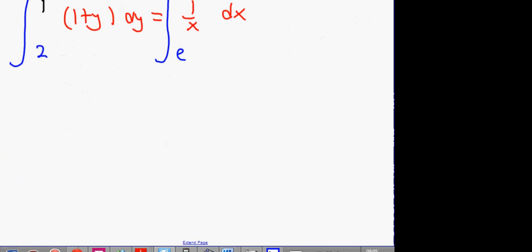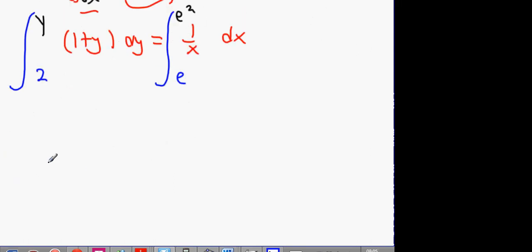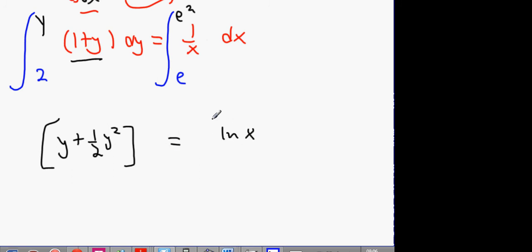So what we're going to get is, integrate 1 plus y, we're going to get y plus a half y squared. Integrate 1 over x, and it's ln x. And that's going to be from e squared, e, and that's going to be y, and that's going to be 2.